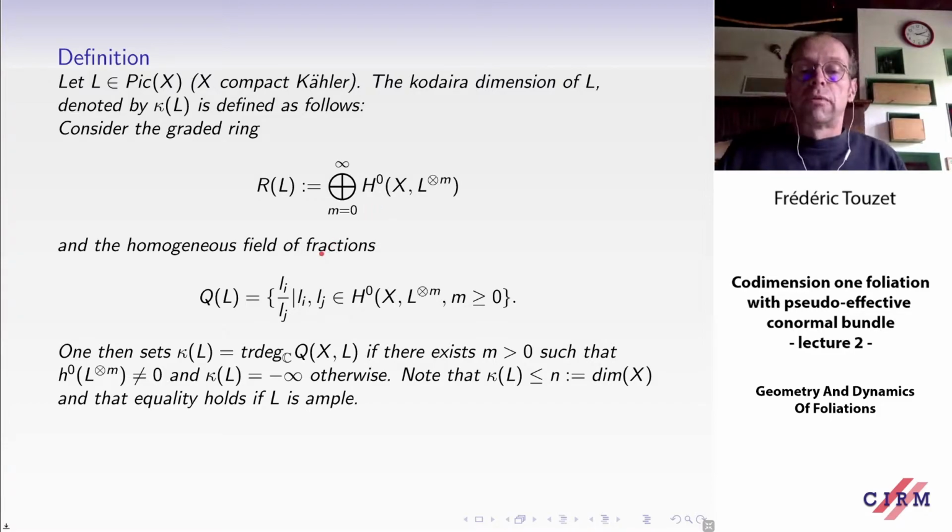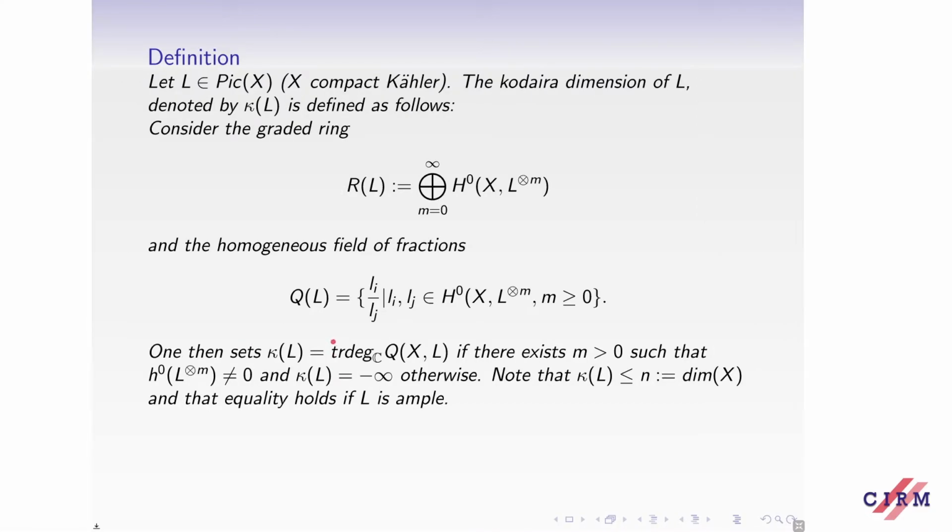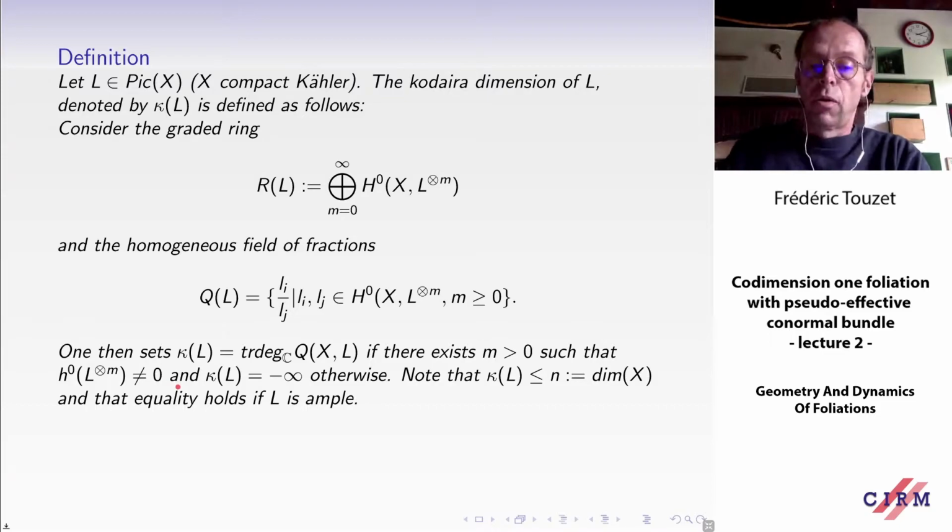And of course, we can attach to this ring its field of fractions Q(L), and with this, one can define the Kodaira dimension of L. It is simply the transcendence degree of this field Q(L), whenever there exists a positive power m such that the corresponding space of sections is non-trivial, and otherwise one sets kappa(L) equal to minus infinity.